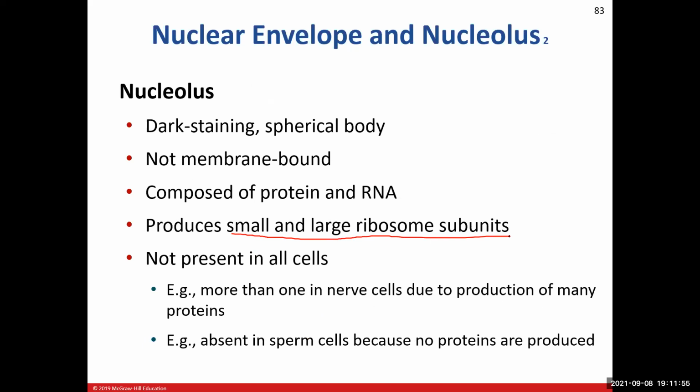And those small and large ribosome subunits are going to be used to make proteins. So they're made in the nucleolus, and then they'll be exported out of there and get packaged up and built to make proteins out in the cytoplasm.